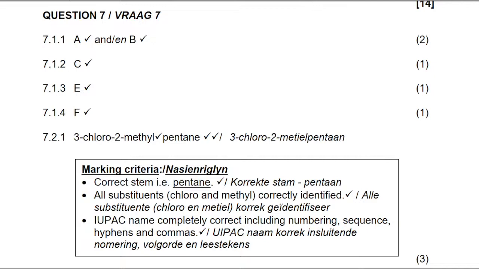Alphabetically, the chloro comes before the methyl, so it will be 3-chloro-2-methyl, and the longest chain in this case will be a pentane.